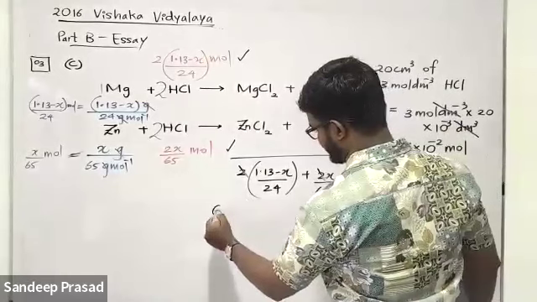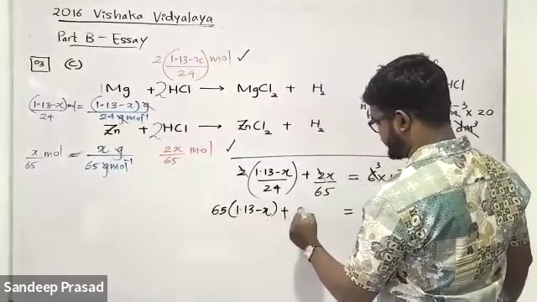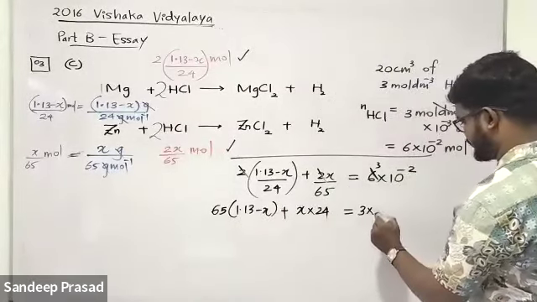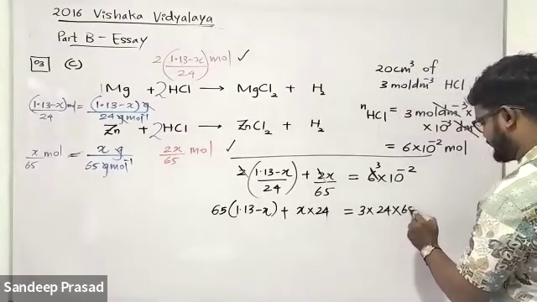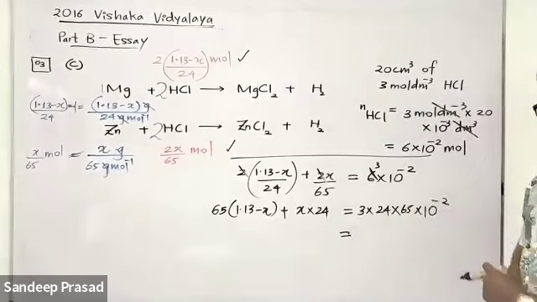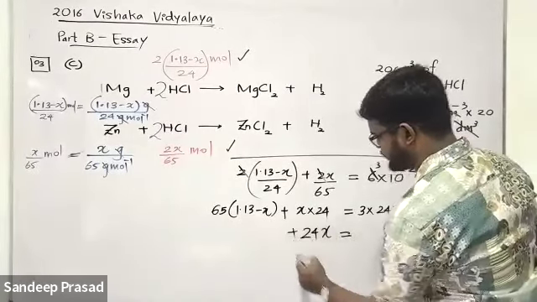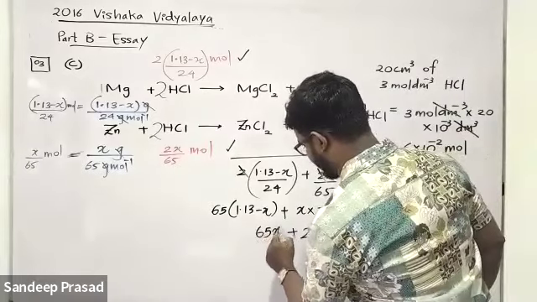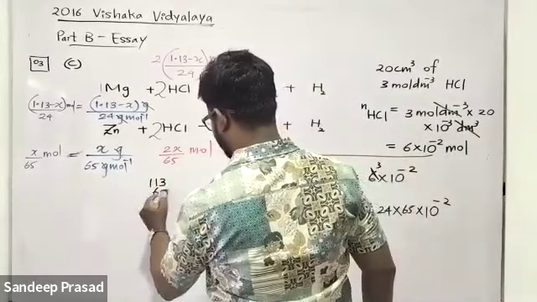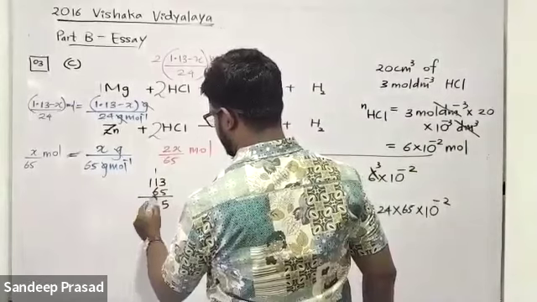That means this is actually 65 into (1.13 minus X) plus 24X equals 65 into 10 to the power minus 2. Right. Now do the simplifications. Okay. 24X minus 65X. When 1.13 multiplied by 65, the answer is 15, 1 here, 5, 6, 5.